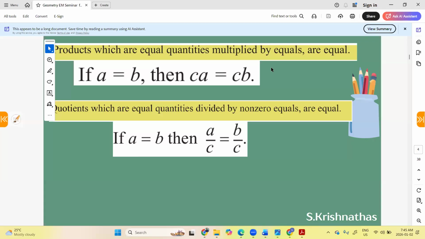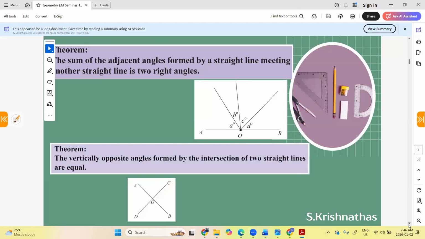The first theorem. What is the first theorem? Euclid says the sum of the adjacent angles formed by a straight line meeting another straight line is 2 right angles.